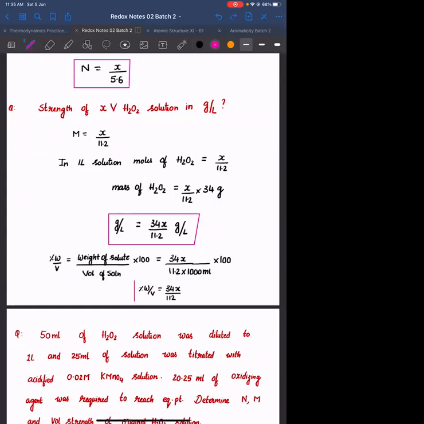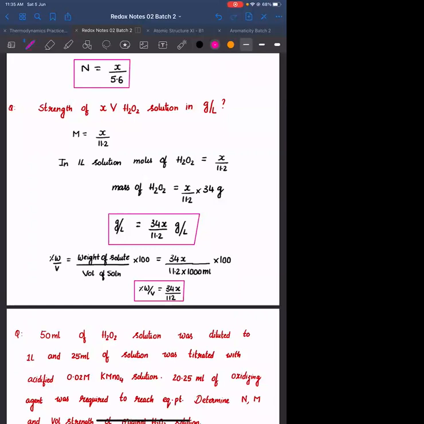So in the question, they will be giving you the volume strength, and they may ask you molarity or normality or gram per liter or percentage weight by volume. These are the things which they usually ask. Okay. इनके अलावा जो भी अदर चीजें पूछा है, I hope you can convert that if you are given the data. Okay. Percentage weight by weight calculate करने के लिए you need to know the density of the solution.